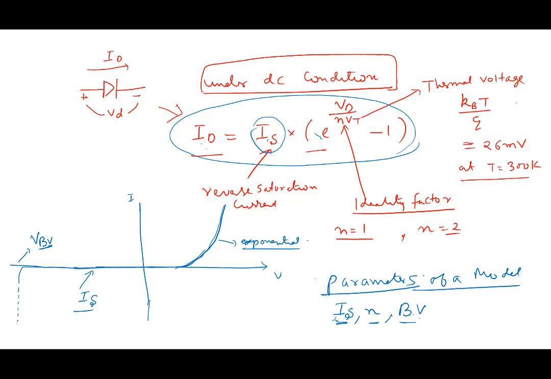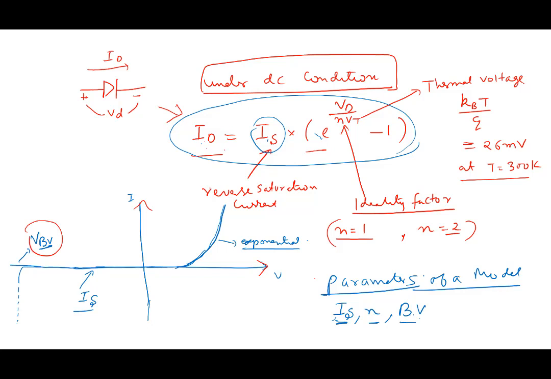Vt we said was thermal voltage, n is ideality factor lying somewhere between 1 and 2, and Is is the reverse saturation current. And if we plot it out, we saw that current versus voltage is of the form exponential characteristics that you see here. Reverse bias, very little current, until you reach the breakdown voltage here.